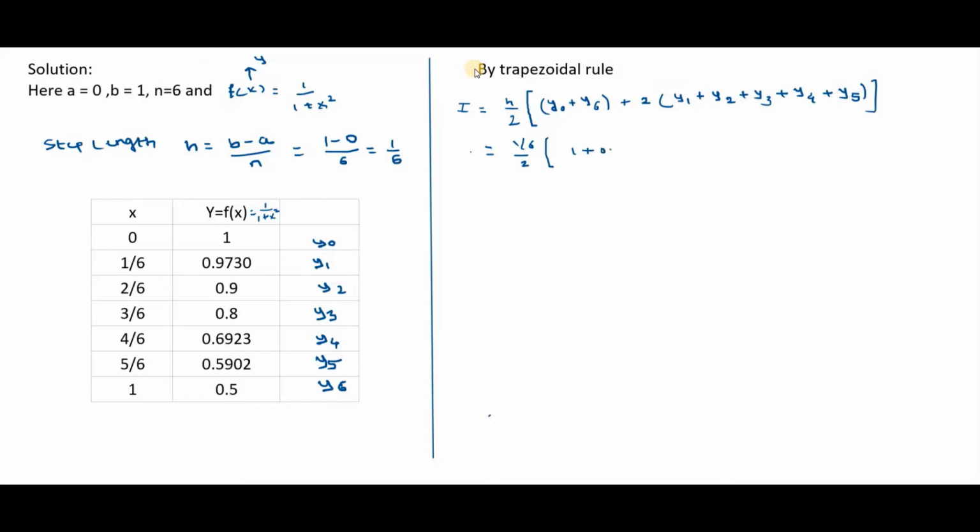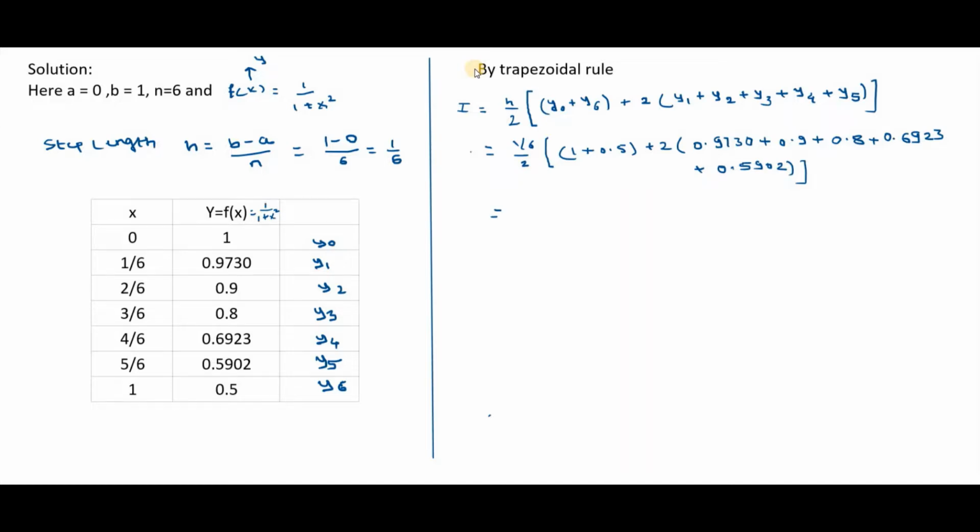Y6 value is 0.5 bracket complete plus 2 times bracket y1 value 0.9730 plus 0.9, that is y2 value, plus y3 value is equal to 0.8 plus y4 value 0.6923 plus y5 value 0.5902. You have to simplify by using calculator.